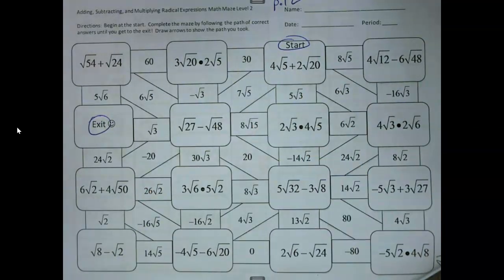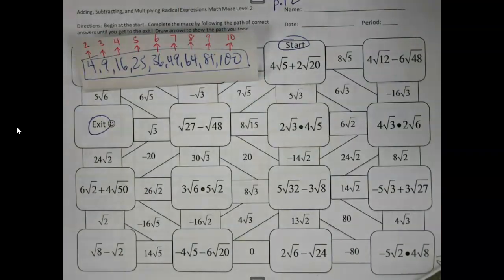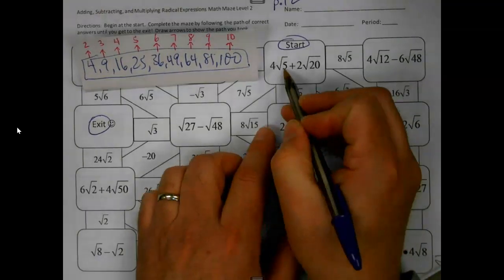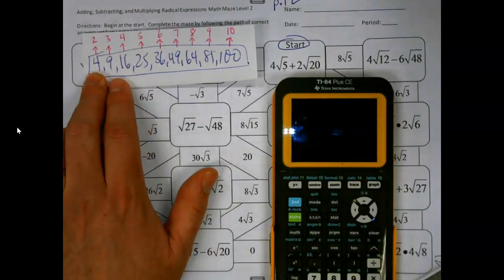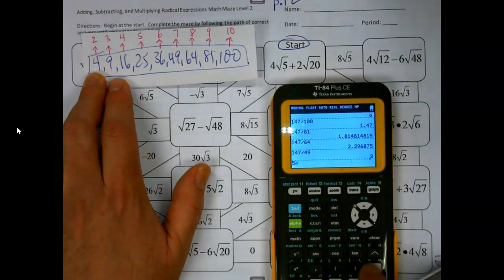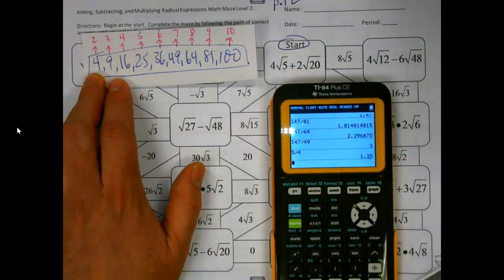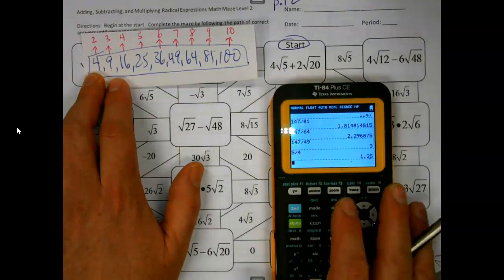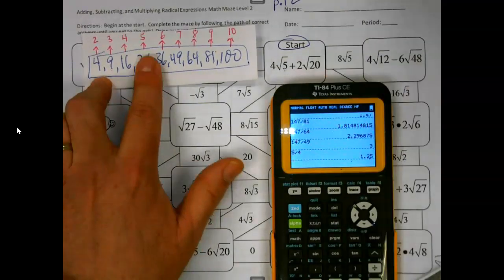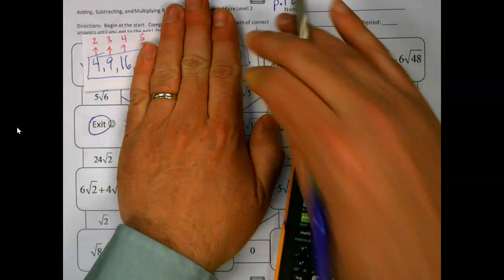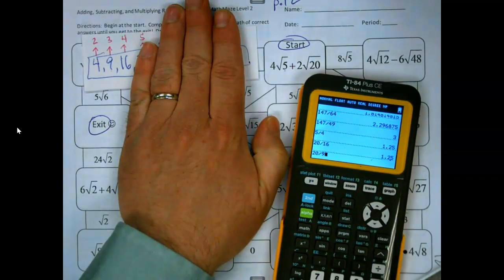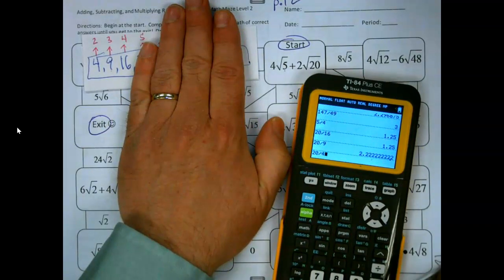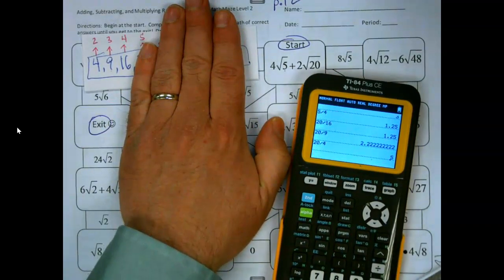So, get my handy dandy help sheet back out, or my note packet. Okay, 5 isn't going to break down anymore. How do I know this? 4 is the only number smaller than 5 in the list, and that's a decimal, so that doesn't break down. 20, though, okay, there's my numbers less than 20. 16 didn't work, 9 didn't work, 4 does work.